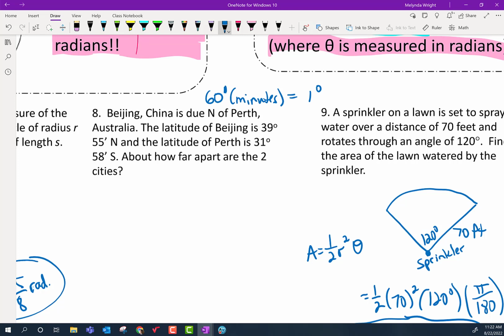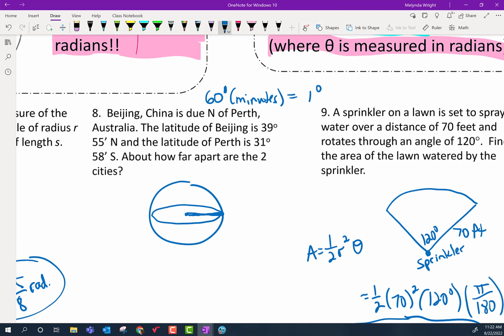Okay, so we need to draw the Earth. This is my rendition of the Earth. Here's the center. This is the equator. Sorry, it's not perfect, but you got what I'm saying.